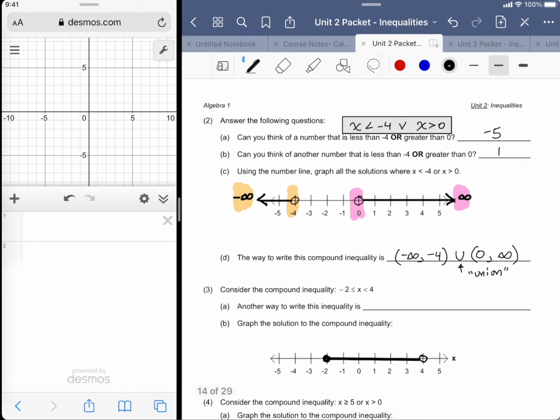Couple more. These will go a lot quicker. So consider the compound inequality. And again, folks, I mentioned this earlier. I know the temptation is to do the IXL and to tune out with the lesson, but you got to be thinking about your level of success coming down the line.